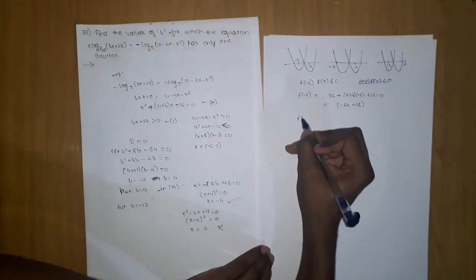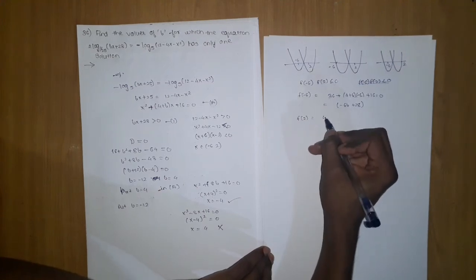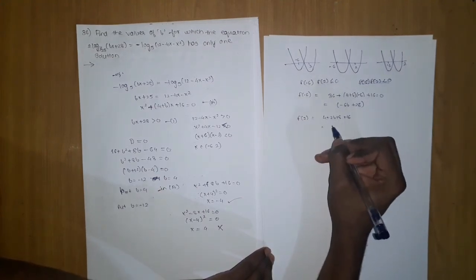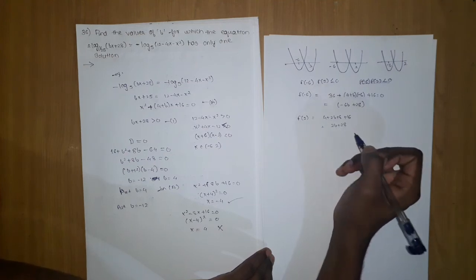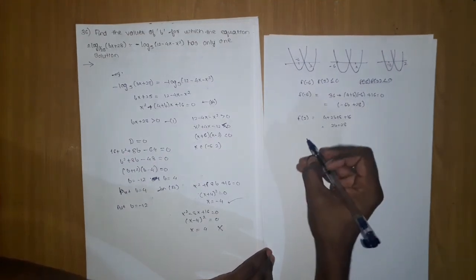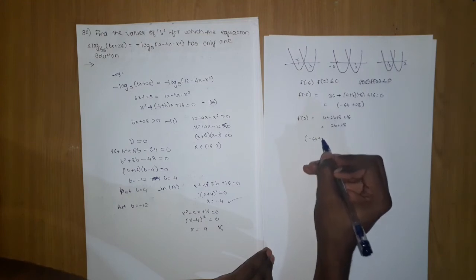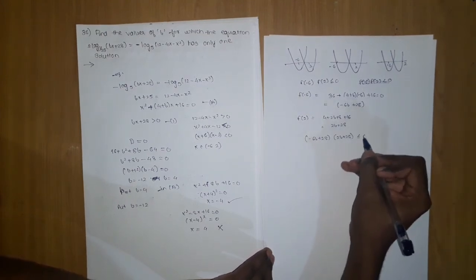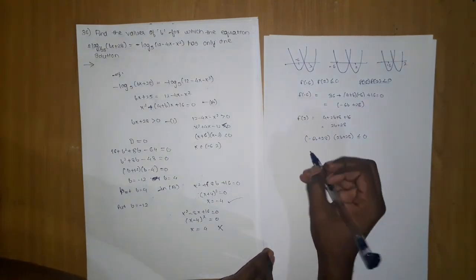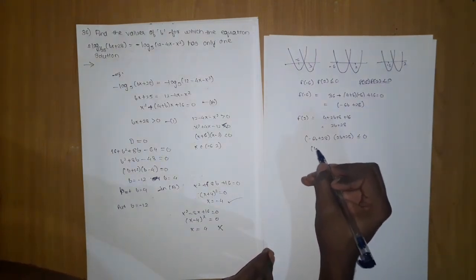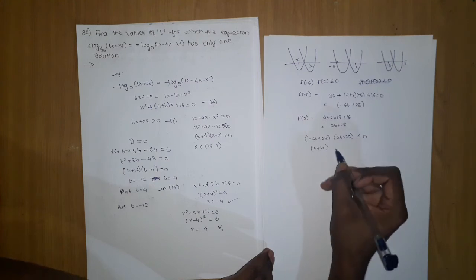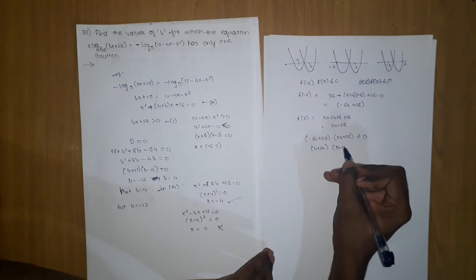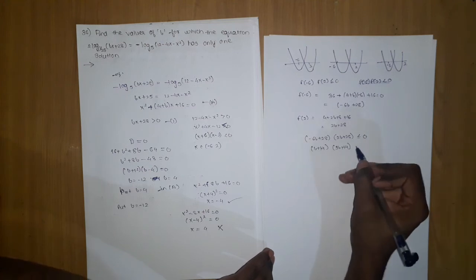When I place f of 2, we get 4 plus 2b plus 16, which gives 2b plus 20. Now combining, minus 6b plus 28 into 2b plus 28 should be less than or equal to 0.